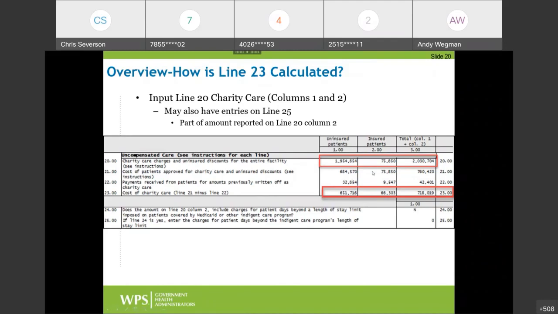By its very nature, this should be relatively rare. We've heard of some hospitals that have policies where they're required to return any payments for an amount that was already written off as charity care. Others might accept it, and then they just offset the charity care with it. And just by the nature of it, it's somewhat rare. If the patient received a write-off, it's not a bad debt.